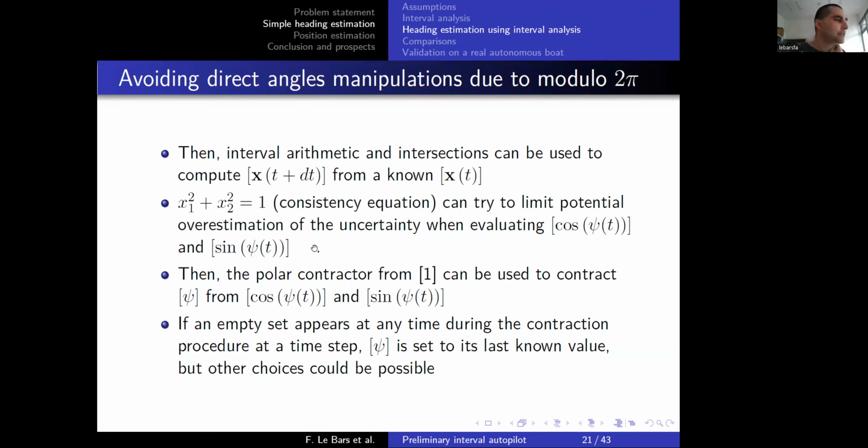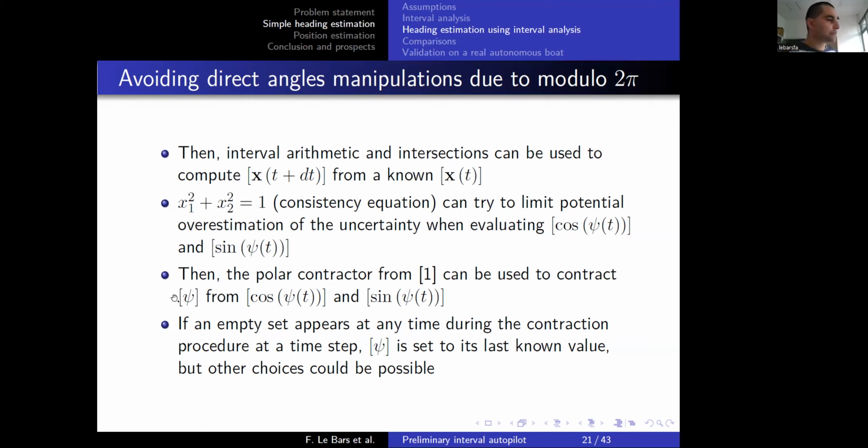I would say the last difficulty is that, since to overcome the problem of modulo 2pi we are now working with cos and sin, at some point we need to go back to get the angle from the cos and sin. For that, an existing contractor in interval arithmetic exists, called the polar contractor, which goes from cos and sin to the angle itself.